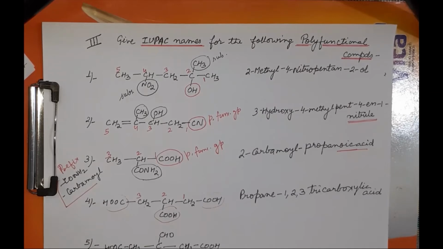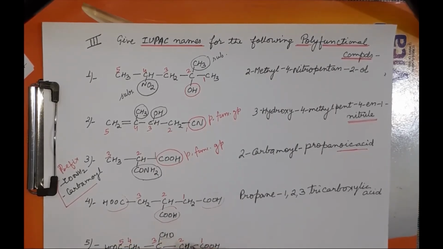So this next example is the same as the earlier one. Only difference is that this carbon is also having one aldehydic group. So in this case, we will consider this as a parent chain. We will include this one and this one carboxylic acid also in the parent chain, and numbering we will do like this: 1, 2, 3, 4, 5.